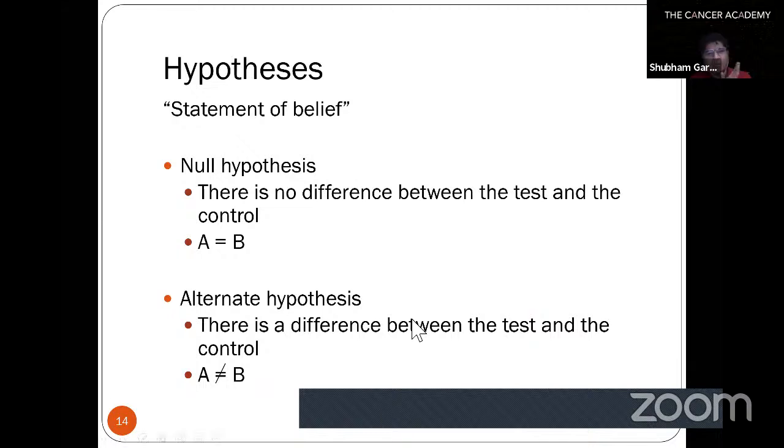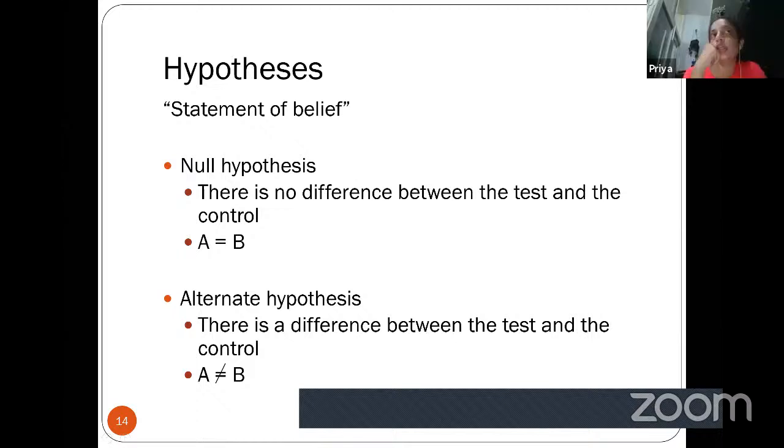The null hypothesis remains the null hypothesis, it's just that you change the equations. What you're trying to prove becomes the alternate hypothesis, and the opposite of that becomes the null hypothesis.